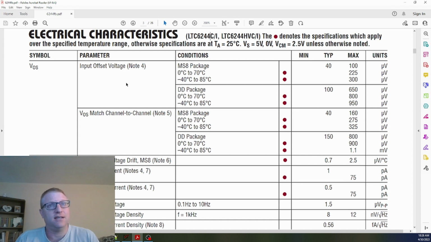You can also see there's a big difference in the package type. So the MS8 package versus the DD package, even at 25°C, you can see that the MS8 package has a much lower offset voltage at 100 microvolts versus the DD package at 650 microvolts. So package also is a contributing factor on what will be that offset voltage and some of the specs.